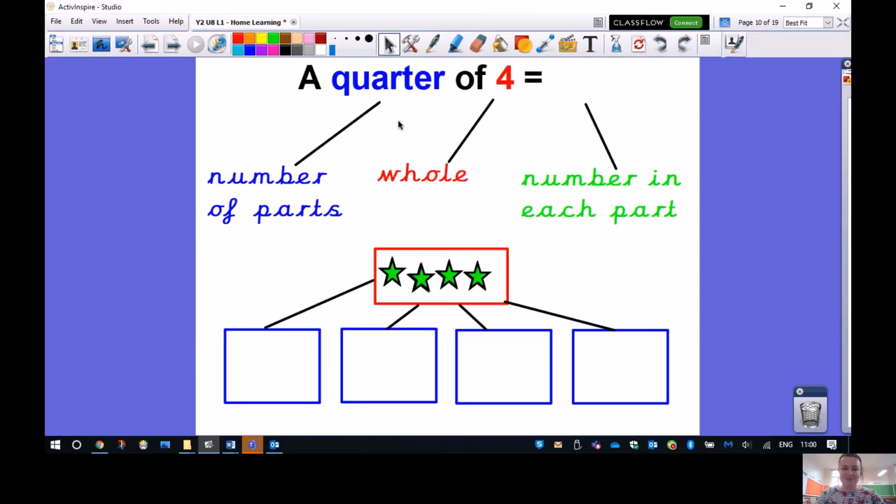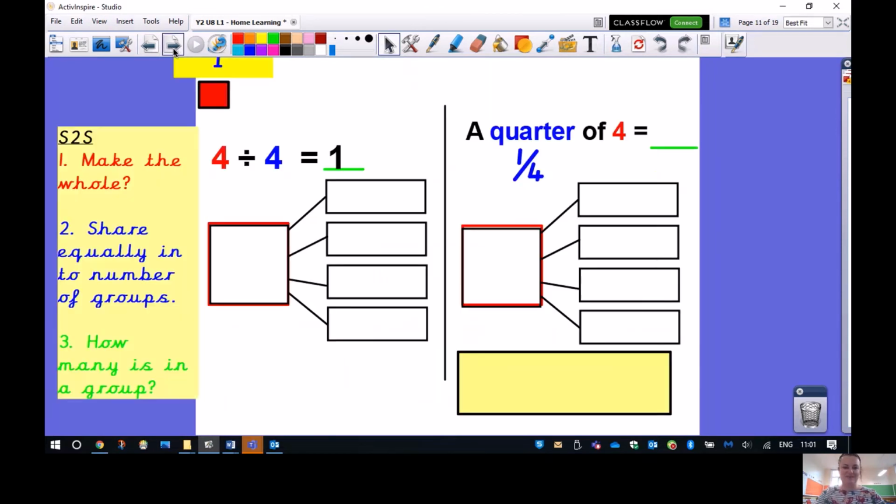1/4 of 4. Now this should be the same, but let's double check. My whole is 4, and I'm finding 1/4, which means I divide by 4. I've got my whole, and I've now got my 4 parts. 1, 2, 3, 4. 4 divided into 4 groups is 1.